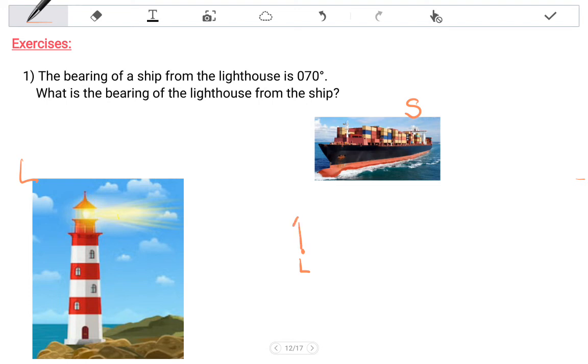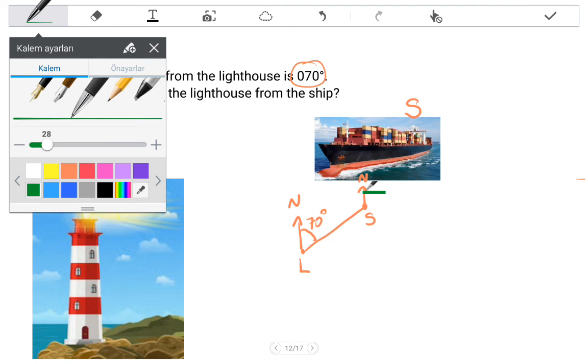We have north on top of it, and the bearing of a ship from the lighthouse of 70 degrees means in a clockwise direction from the north of the lighthouse we move round 70 degrees. So in this direction we have the ship S, and ship S has a north, and the bearing of the lighthouse from the ship is this angle.